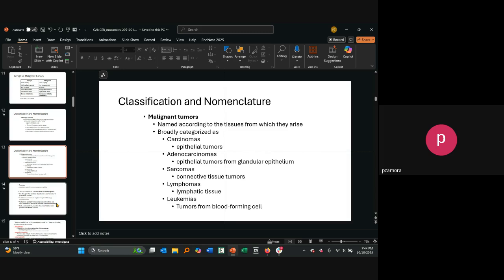Malignant tumors are always named according to the tissues where they arise. They are broadly categorized as either carcinomas, adenocarcinomas, sarcomas, lymphomas, or leukemias. Lymphomas and leukemias are associated, broadly speaking, with blood cells.